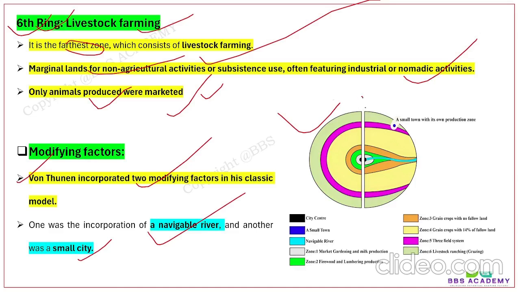This portion is basically the first crop theory, and this is the modified theory. Here, the incorporation of the navigable river is here, and a small city is here, and these are the surrounding peripheral regions or zones. Okay, and this is all about the agricultural location theory of Thunen.